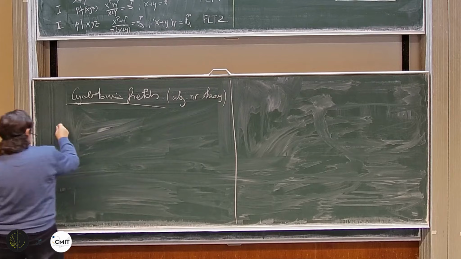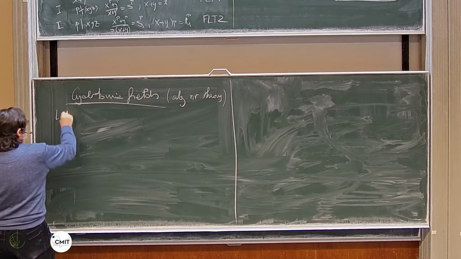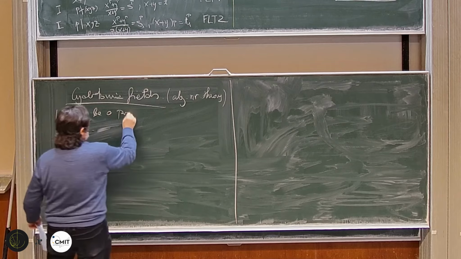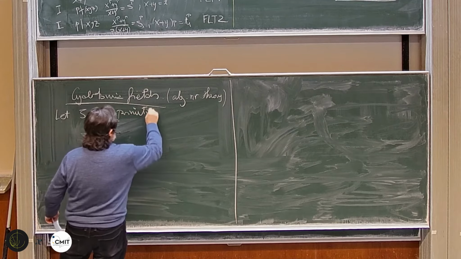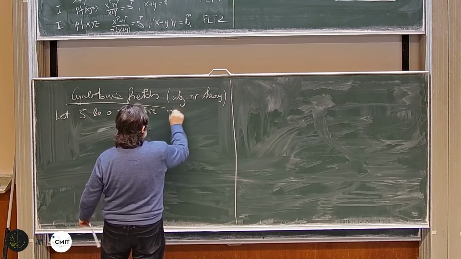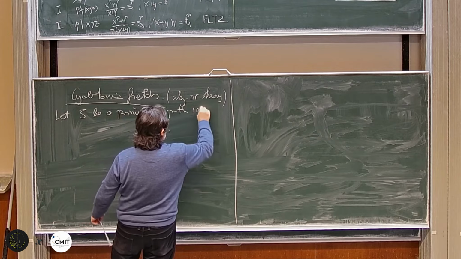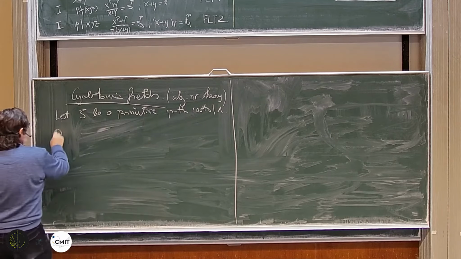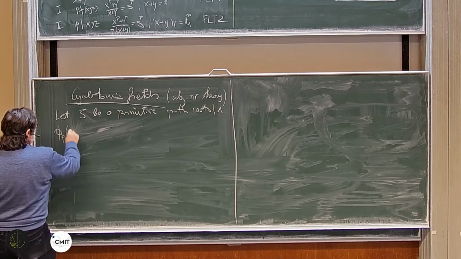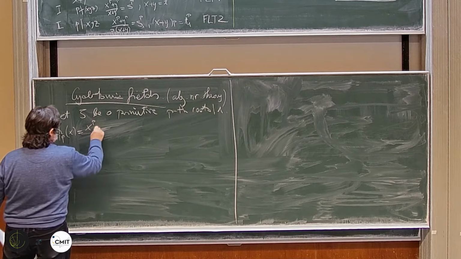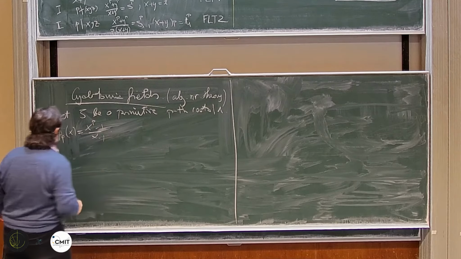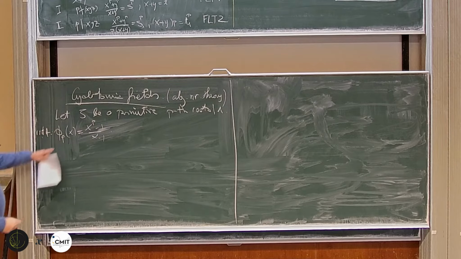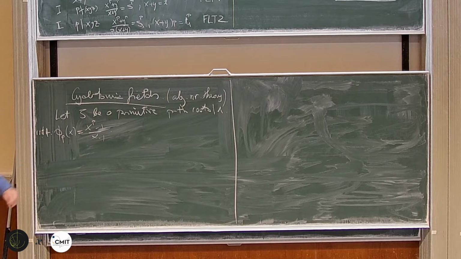So what's the point? If you take a p-th root of unity, a primitive p-th root of unity is a root of this polynomial called the p-th cyclotomic polynomial.